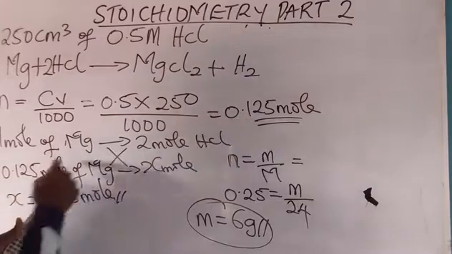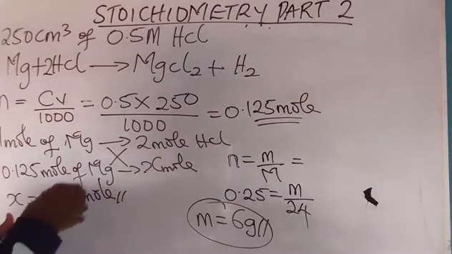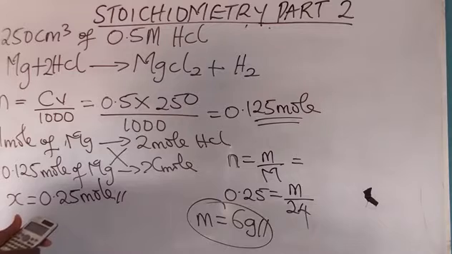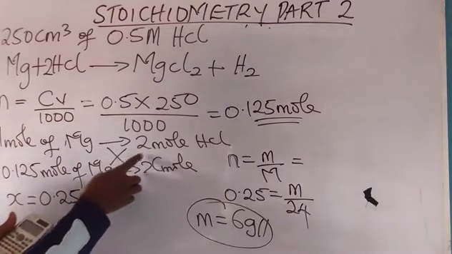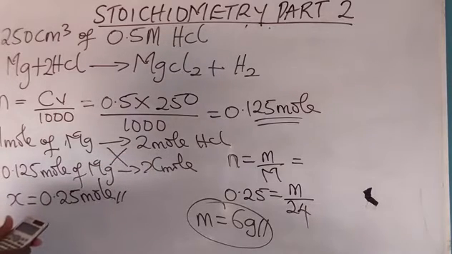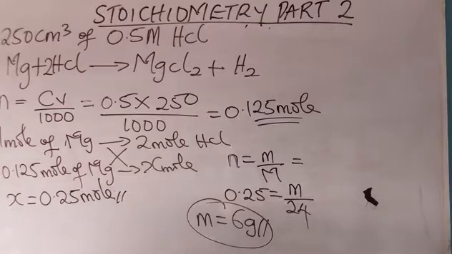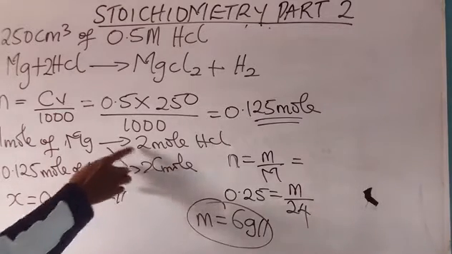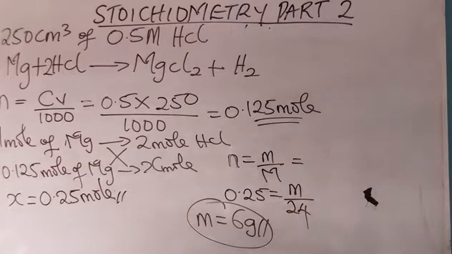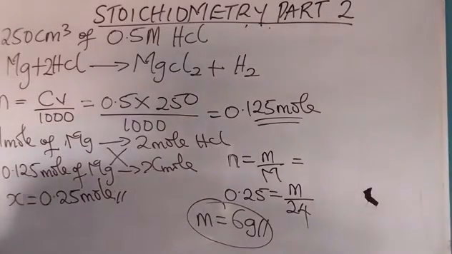Then what will this mole give? 0.125 times 2 equals 0.25, that is correct. 0.25 mole.